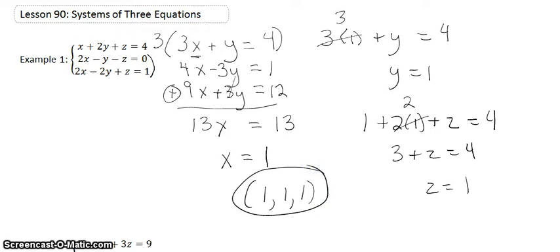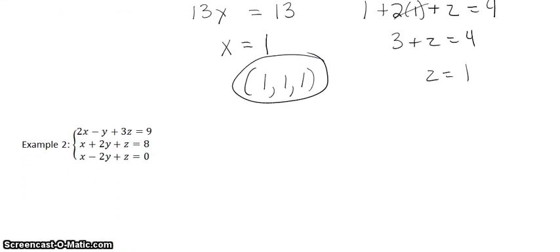Alright, let's look at the next example. So again, you want to choose one of the easier variables to eliminate. Either the x's or the y's would work out pretty nicely. I'm going to eliminate the y's.